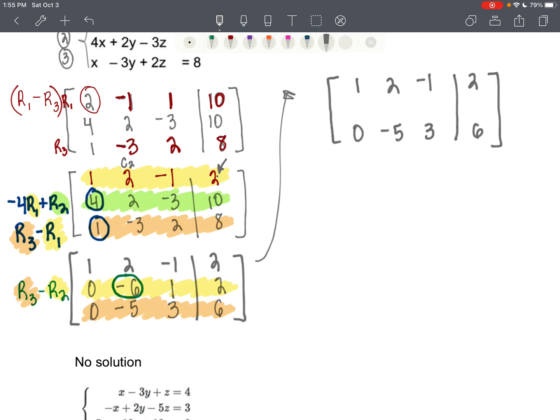In the first column, orange 0 minus yellow 0 is 0. Now orange -5 minus -6. -5 minus a -6 is -5 plus 6, which is 1. Orange 3 minus 1 is 2. Orange 6 minus 2 is 4.